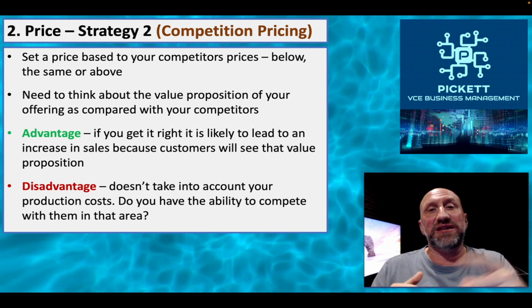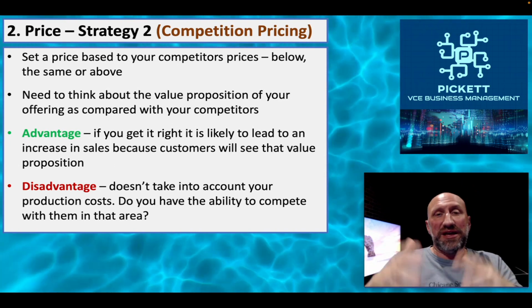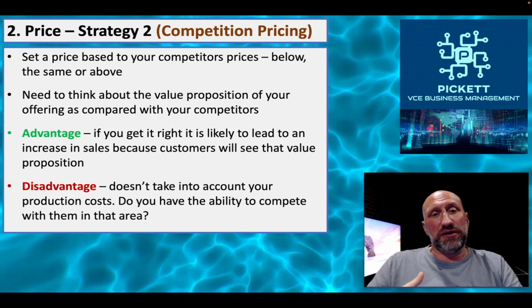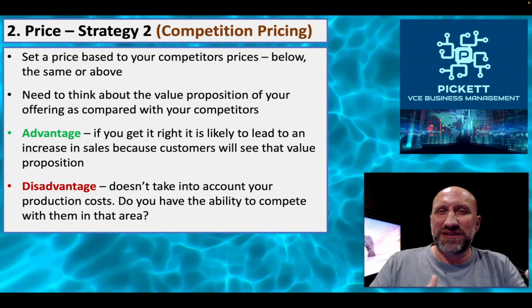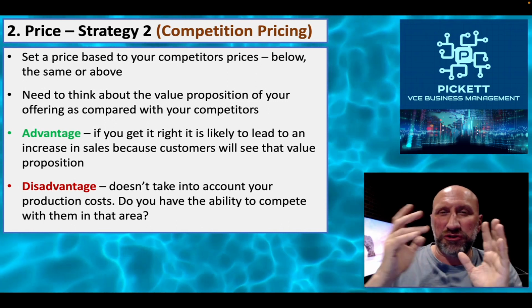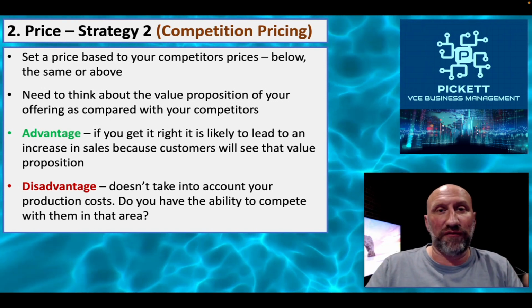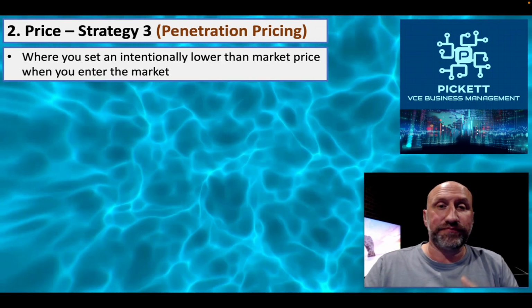But if $12 does not cover your costs of production, then going in at that level, you're going to be making a loss. So the reality is you need to be thinking not just about these strategies in isolation, but a combination of them. This is the main learning.